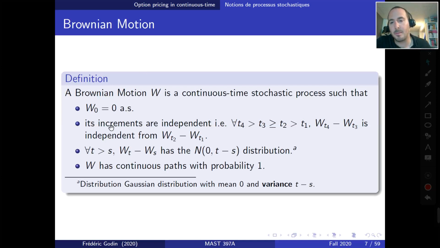Okay, so first property, its initial value at time 0 must be 0. A.S. means almost surely, meaning with probability 1. So the process starts at 0 with probability 1.